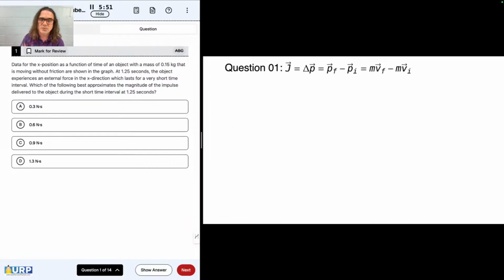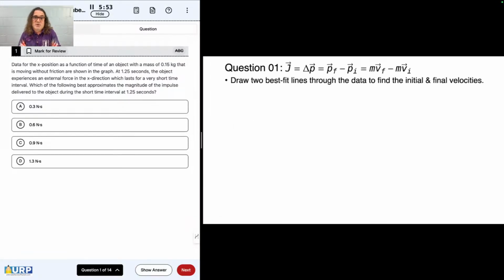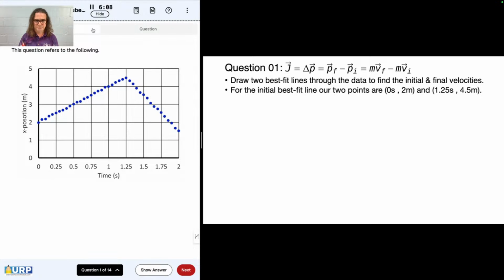So in this question, we know the mass of the object that's given in the problem. We're going to draw 2 best fit lines through the data to find the initial and final velocities. For the initial best fit line, you could see that first initial point is at 0, 2 meters.